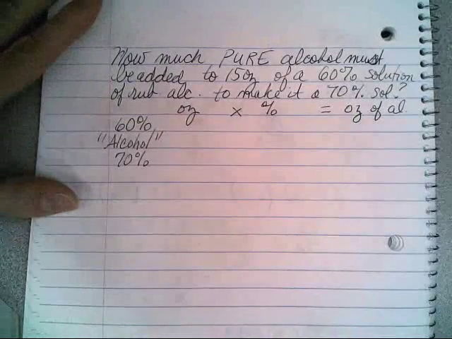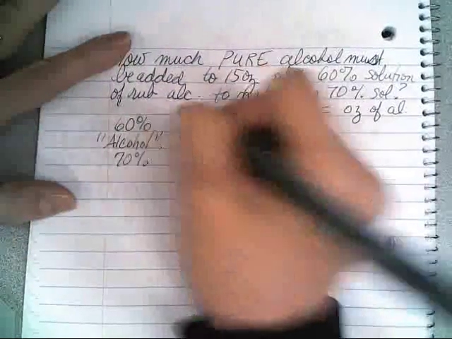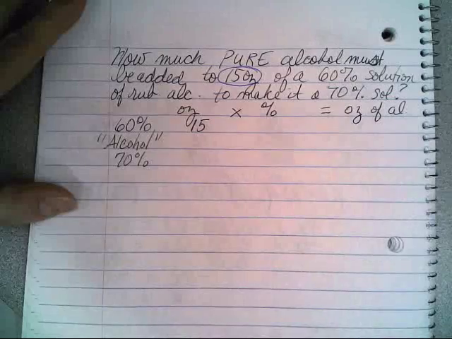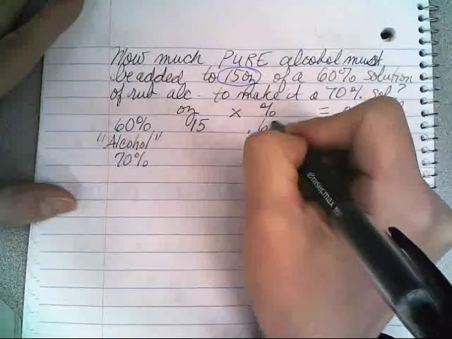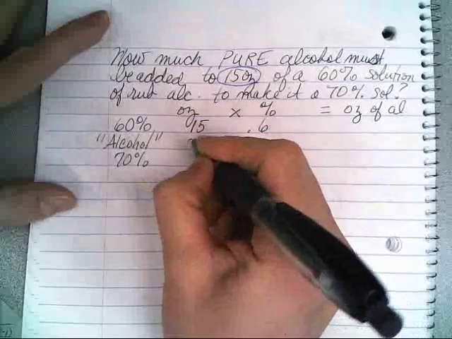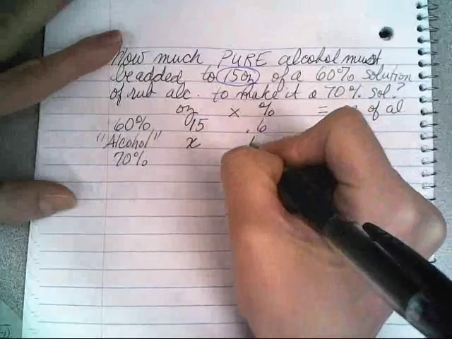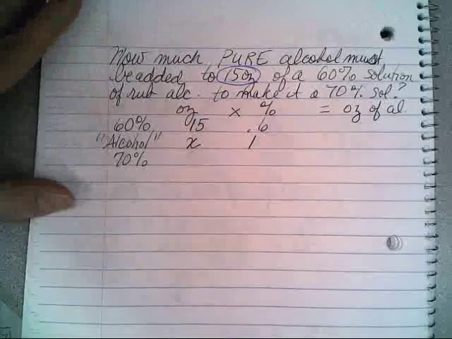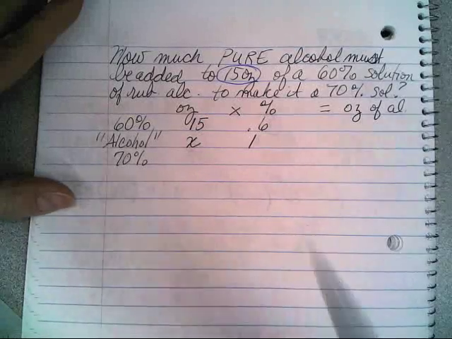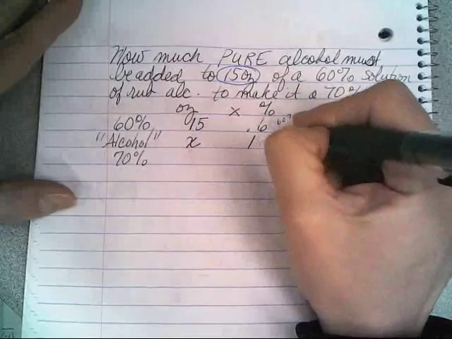So I already know that I have 15 ounces, according to the story problem, of the 60% solution. And the question is, how much must I add of pure alcohol? Pure alcohol is 100% alcohol. Notice I'm just quickly converting these to whole numbers or decimals. Okay, so this is 60%, this is 100%.